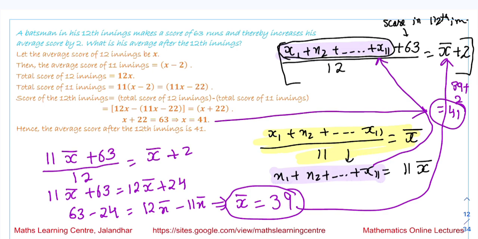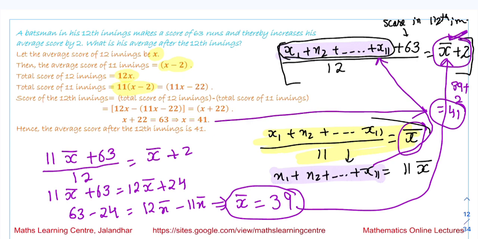So how have we solved it over here? Let the average score of the 12th inning be x. So in place of this, we have supposed that the average of 12 innings is x. Then the average of 11 innings will be x minus 2. The total score of 12 innings is 12x. Total score of 11 innings is 11 into x minus 2.